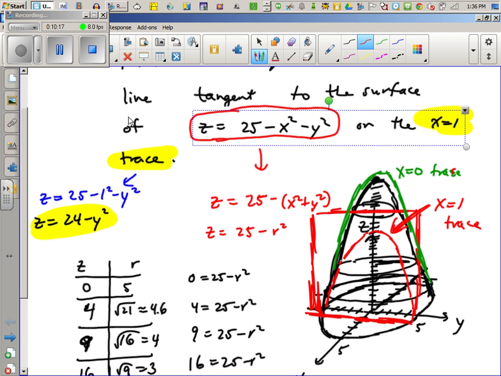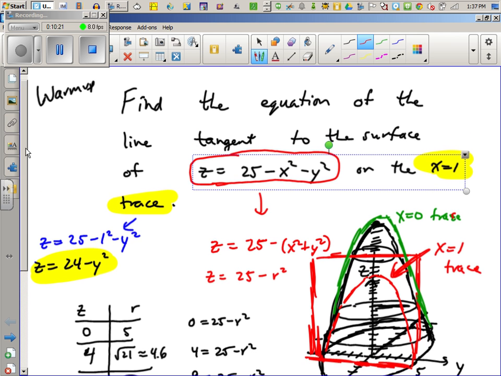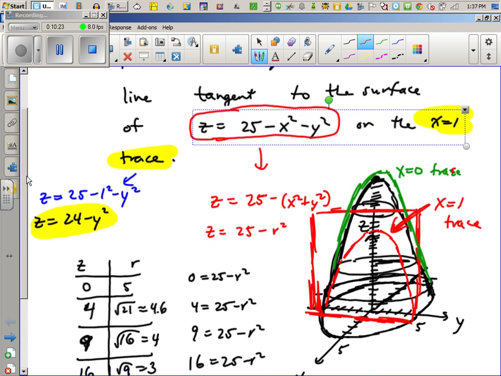Did I give you coordinates? I need to give you a point, at 1, comma 2. I forgot to write that. So where is 1, comma 2? When x is 1, y is 2.